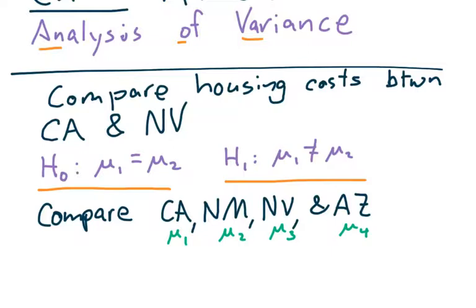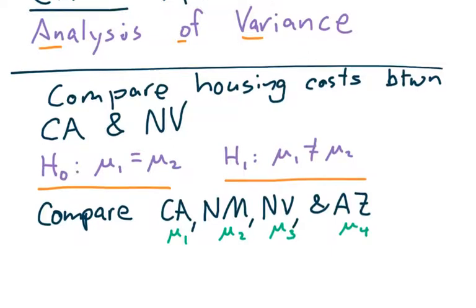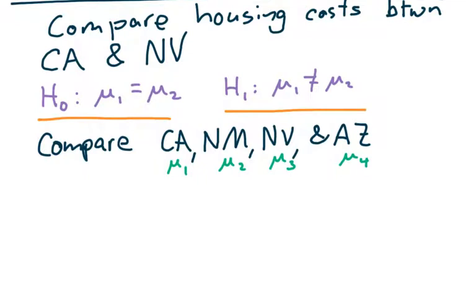Comparing these 4 different means, mu subscript 1 through 4, we would have to set up and perform hypothesis tests, comparing them in pairs, individually, one by one, going through all possible pairings of two states.